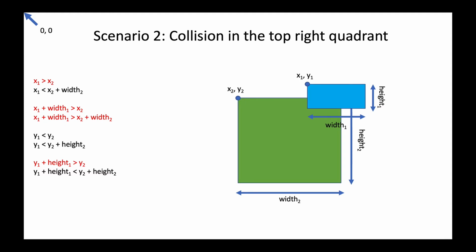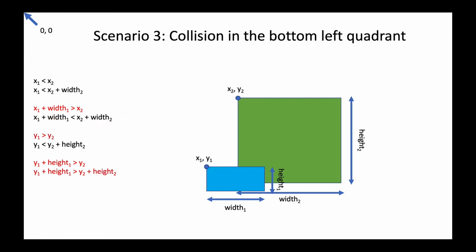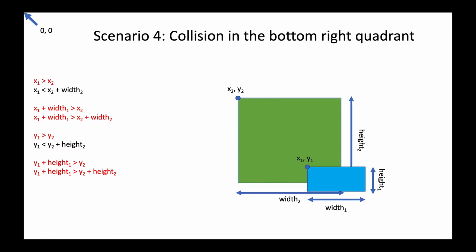Here's scenario 2. You can see that several more things have become true, and a few things have changed back to false. Here's scenario 3. And go ahead and pause this video if you need to make sure that all of my math is correct. And finally, here's scenario 4.